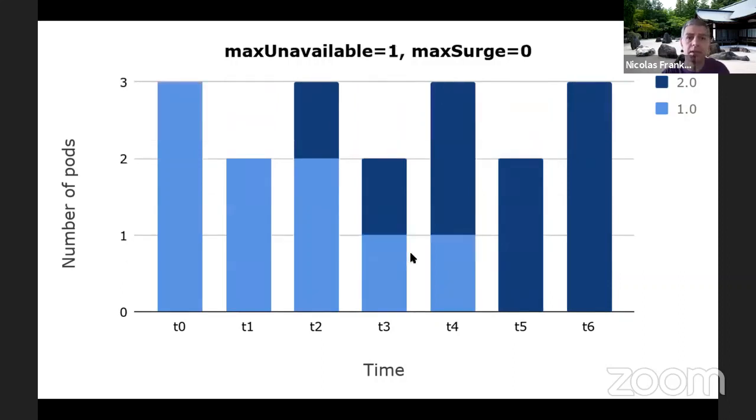On the other hand, if we cannot pay more, if we don't have enough resources, we can say max unavailable 1 or whatever, and max surge 0. And so the baseline is still free, but then first Kubernetes will remove one of the old pods, v1.0, and then it will create the 2.0.1 until again, all of them have been replaced.